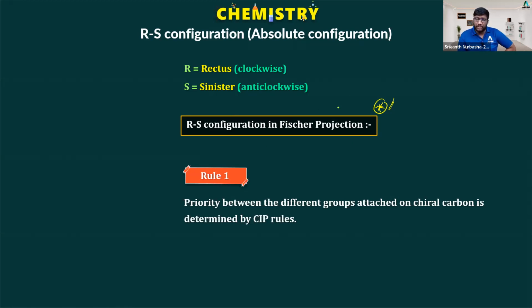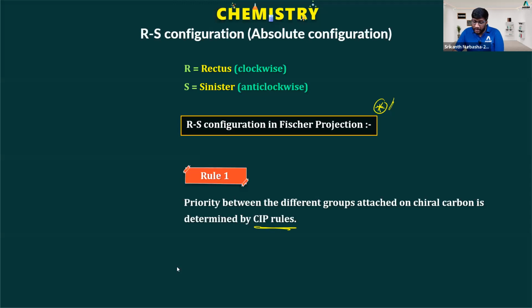If it is in Fischer projection, rule 1: priority between the different groups attached on the chiral carbon is determined by CIP rules. CIP rules means what? Based on atomic number, you have to assign first priority, second priority, third priority, and fourth priority. Whenever you have a double bond, you have to consider them as two groups, two same groups connected.